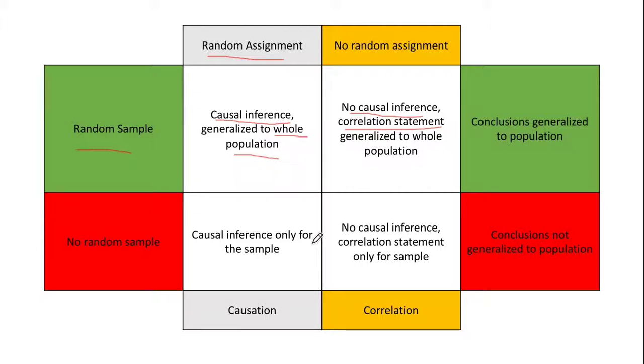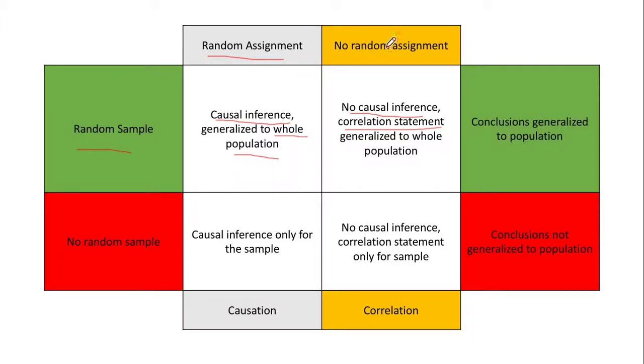And an investigator trying to draw conclusions to the general population, that can be difficult. Sometimes they will try and justify and say that the sample, based on its characteristics, is representative of the larger population. But in general, without true random sampling, it can be difficult to truly generalize to a population.